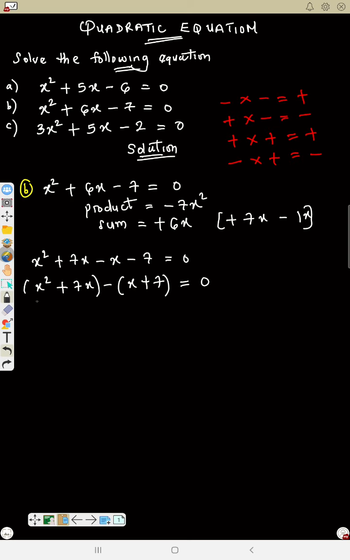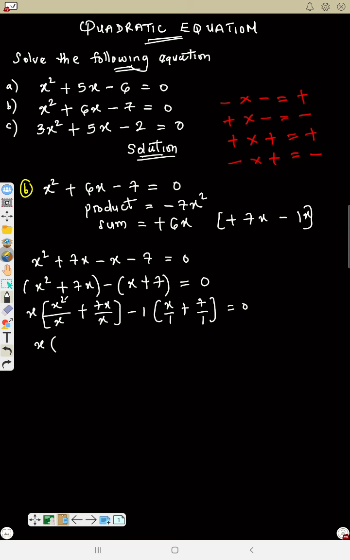So now what's common in this bracket? s is common, so divide by what is common: s squared plus 7s over s gives s plus 7. Minus 1 times s plus 7, because what is common here is nothing, but it's 1.